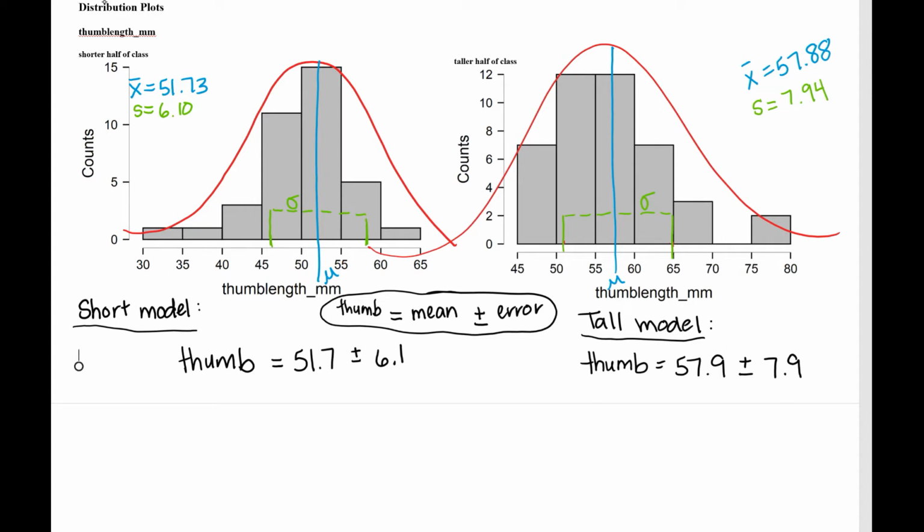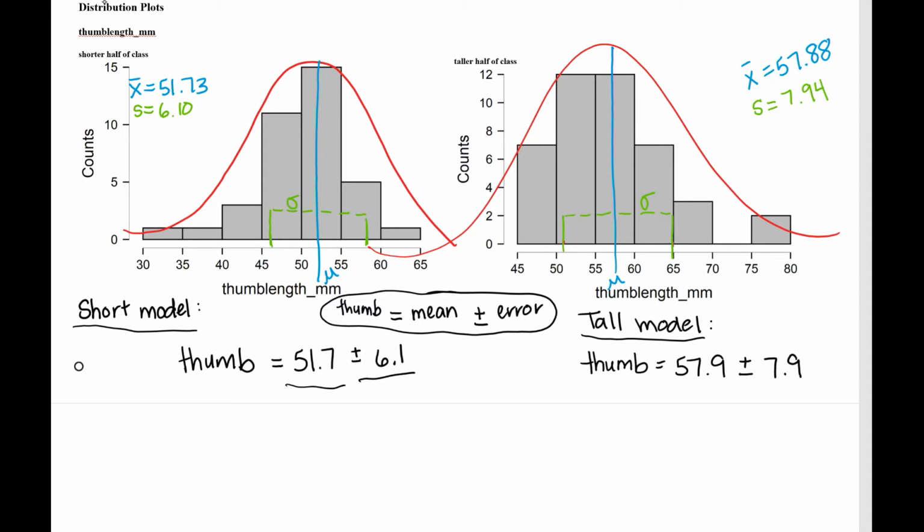So it gives us what we consider a reasonable range. We start with our best guess at the center, but then we also recognize that it's not going to be exactly the center. It's probably going to be between these two values based on how spread out our data are.